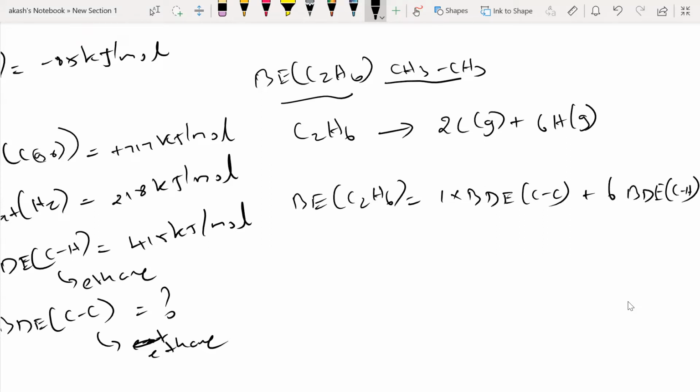This value, the bond dissociation enthalpy of C-H bond, is given to us. But the other two values we don't know.